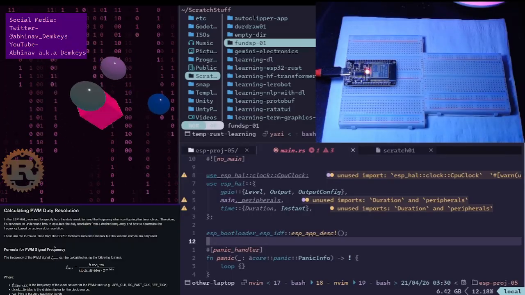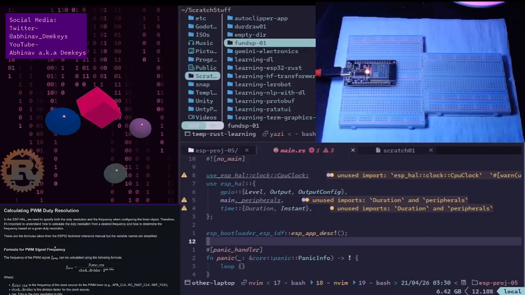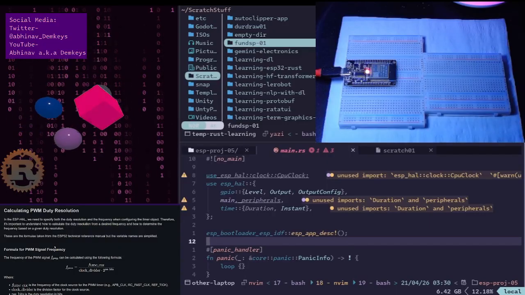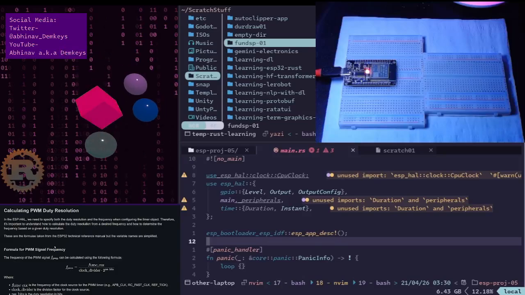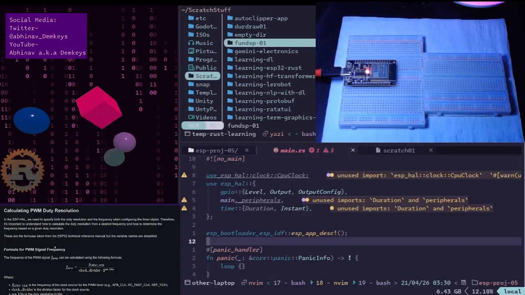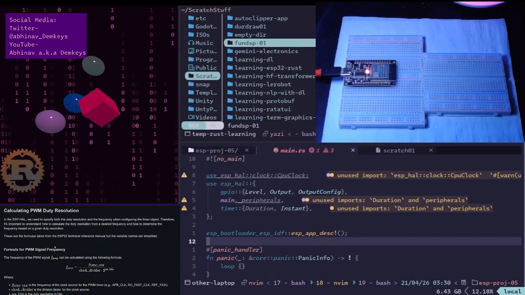So, okay, my idea was this. What I was going to ask Gemini was, hey, is it possible for me to read the XTL clock directly from the ESP32 and use it in another circuit?